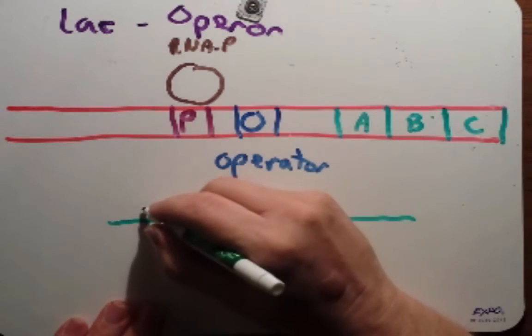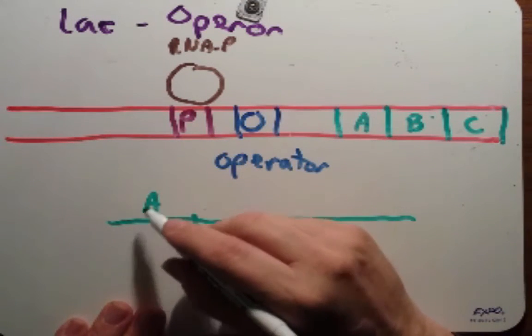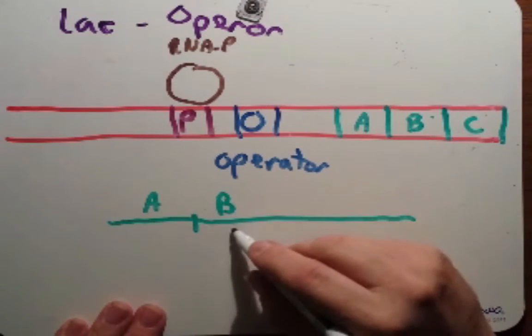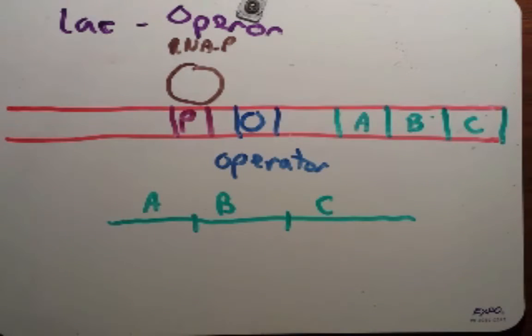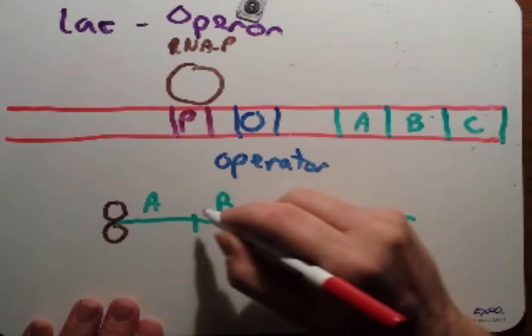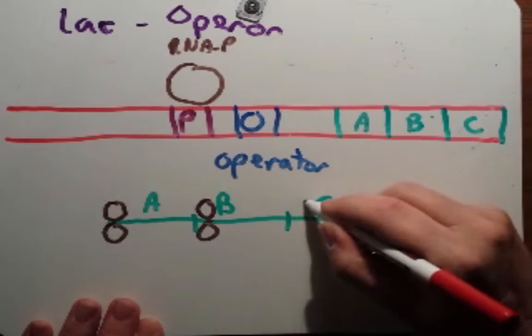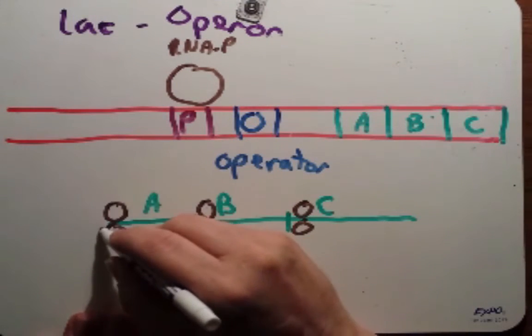And on this messenger RNA, right next to each other, you have gene A, or the mRNA from gene A, and then the mRNA from gene B, and the mRNA from gene C. Now what happens is the ribosomes bind here, and they'll bind here, they'll bind here, to begin making proteins from each of these genes.